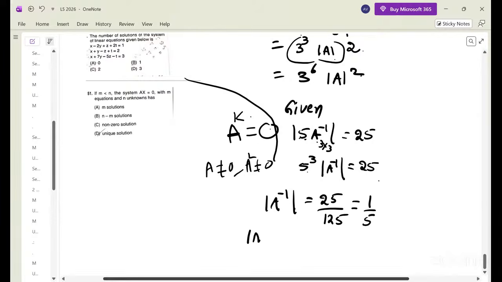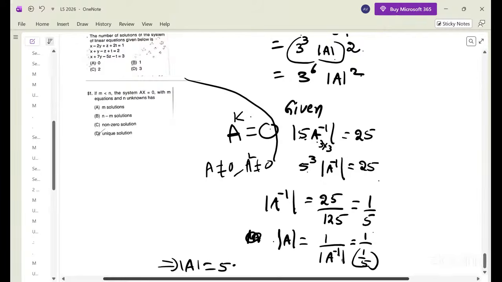So det A inverse is 1 by det A, or det A is 1 by det A inverse. So det A inverse is 1 by 5, means 1 by 1 by 5, which is 5. So det A is 5.